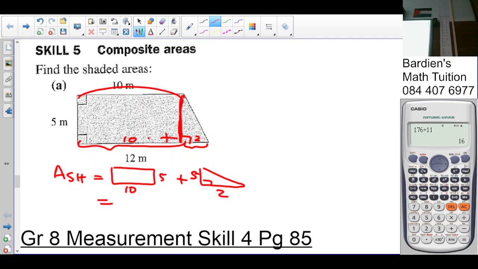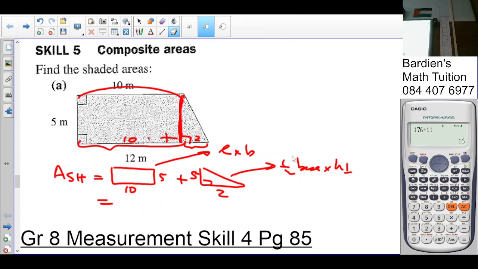How do you calculate the area of a rectangle? Length times width. How do you calculate the area of a triangle? Half base times perpendicular height. So length times breadth is going to be 5 times 10, which is 50, not so? Plus a half. What's the base? 2. And the height is 5.